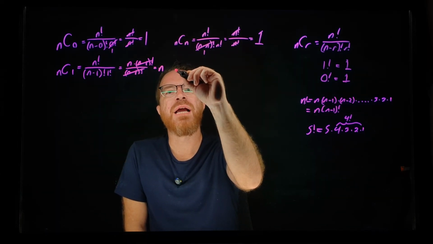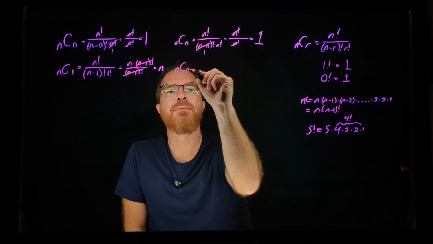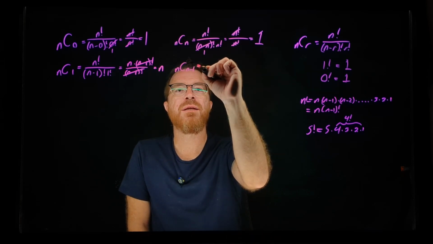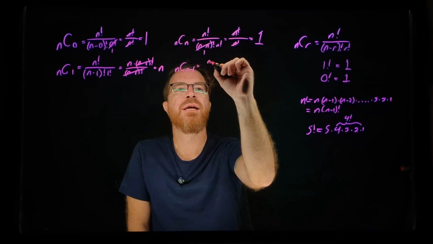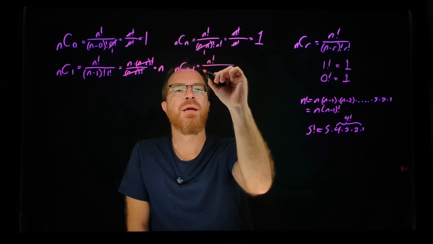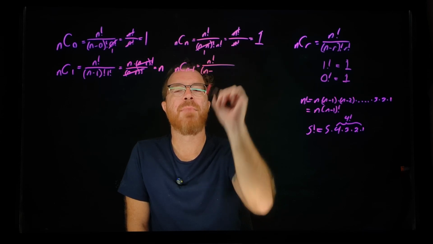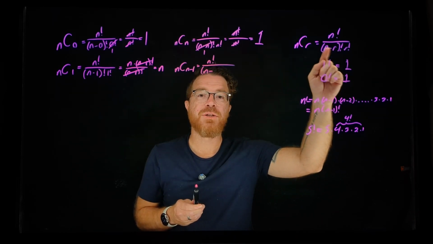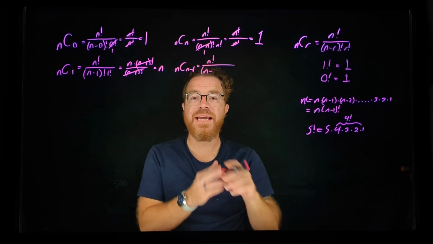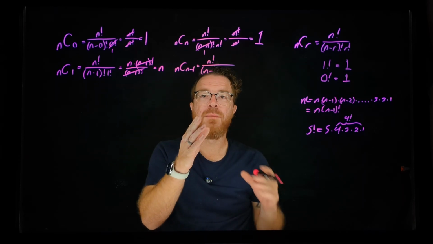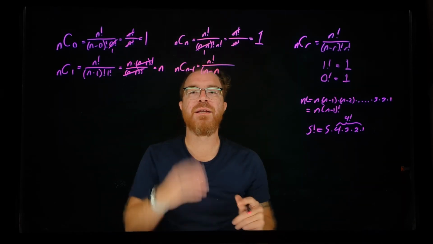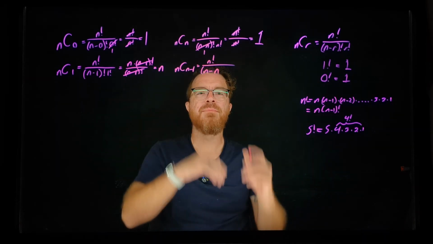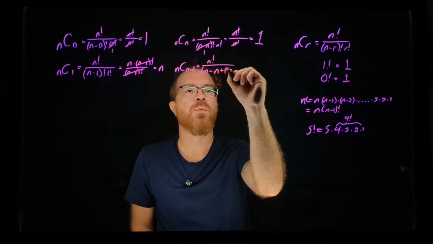On the other side, if we have n choose n minus 1, we're going to again write this out. We have n factorial divided by n minus, now, when we're writing our factorial, notice it's n minus r. Our r is n minus 1. So this becomes minus n, and then minus negative 1 means that we add 1.